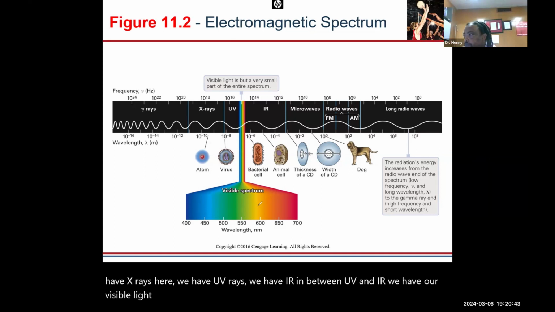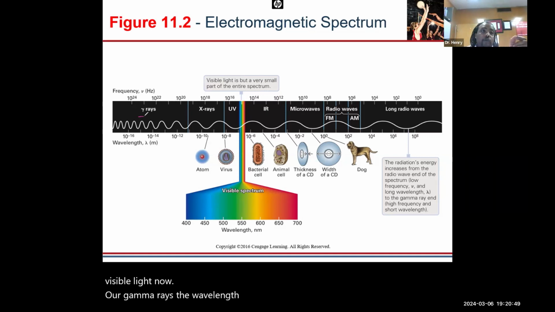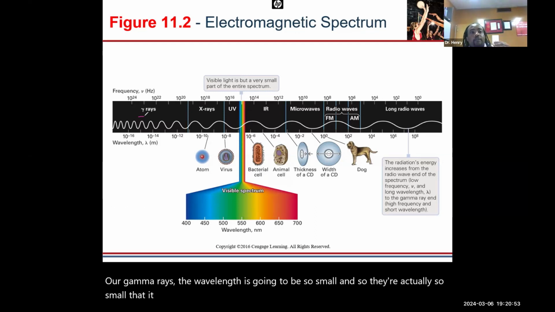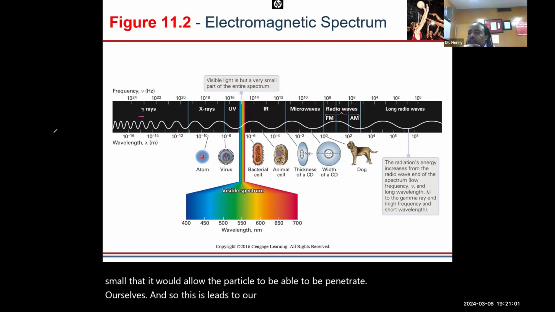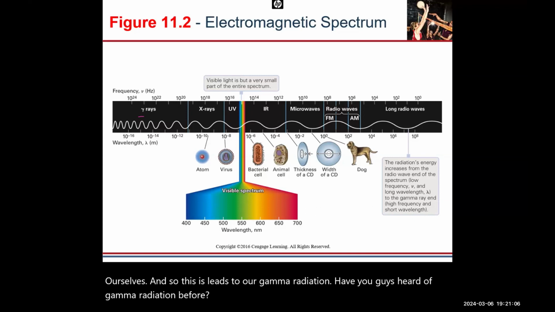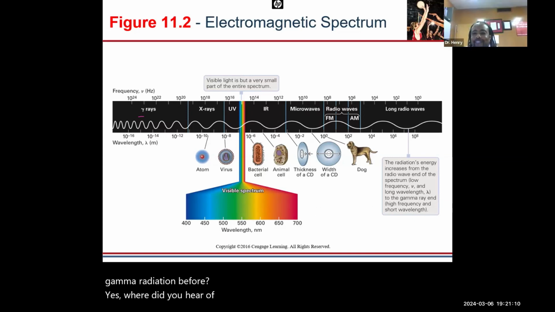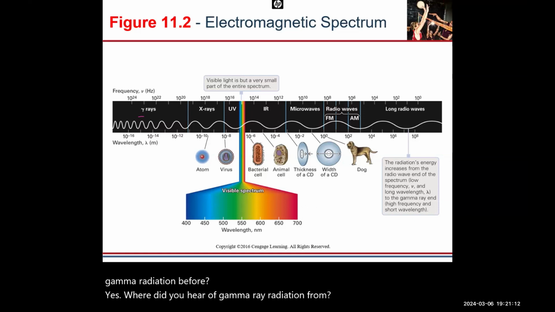Now, with our gamma rays, the wavelength is so small that it would allow the particle to penetrate our cells. This leads to our gamma radiation. Have you guys heard of gamma radiation before? Yes. Where did you hear of gamma radiation from? The Hulk. The Hulk, exactly.